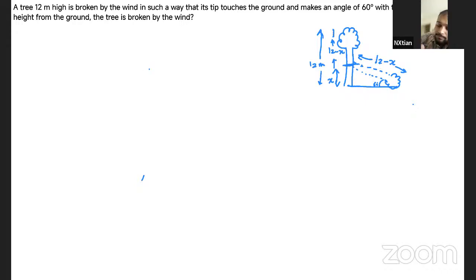Okay. So now in triangle, I'll make a proper diagram again.